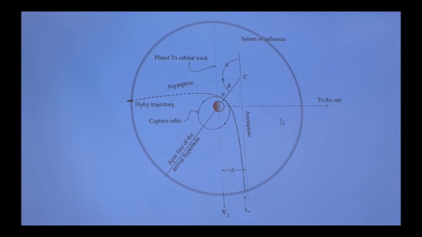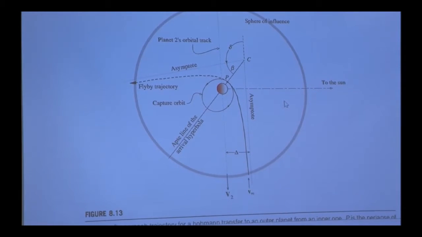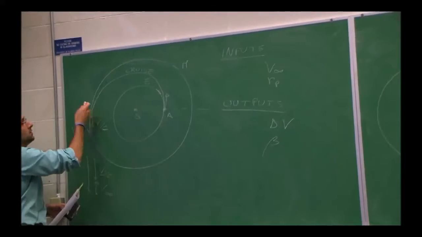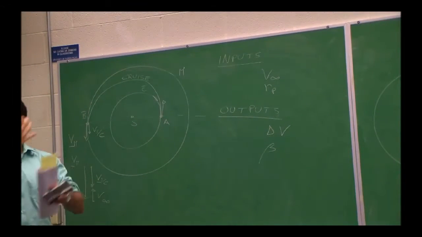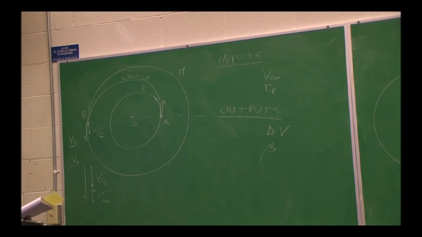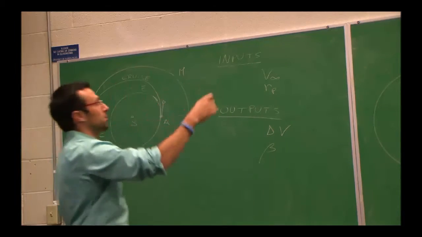So one way to imagine this is that the planet is approaching point B, you're approaching a little ahead of that, and then the planet sees you coming in from the front. You can imagine whatever you want. This is the approximation of patched conics. Heliocentric, all of a sudden I switch to the sphere of influence. There is a patch right there. Make sense? Okay.